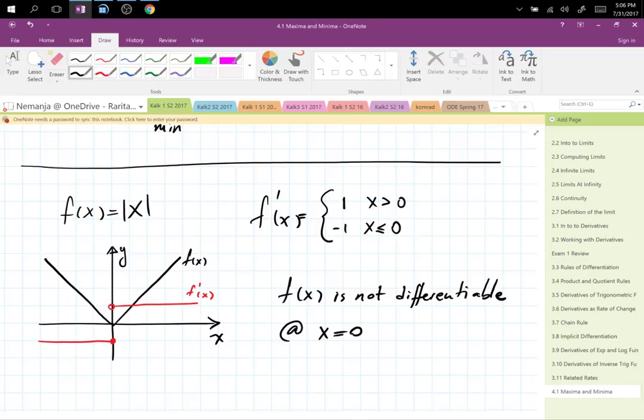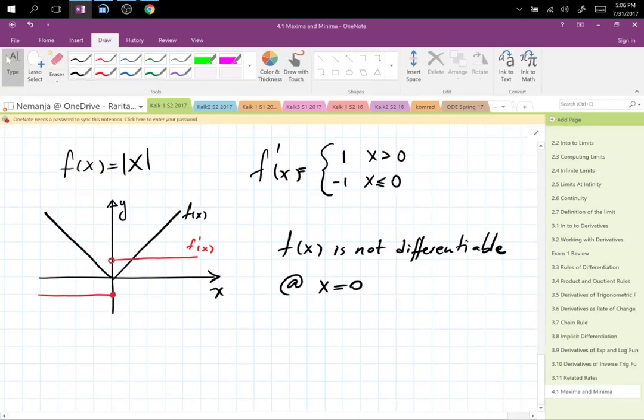So because the derivative does not exist, we can conclude that we may have a minimum or a maximum. Now we see it's a minimum there. So f of x is not differentiable at x equals 0, which implies x equals 0 is a critical number.